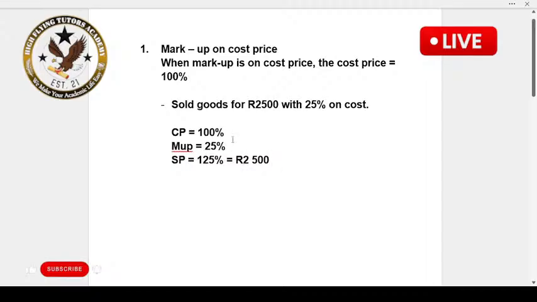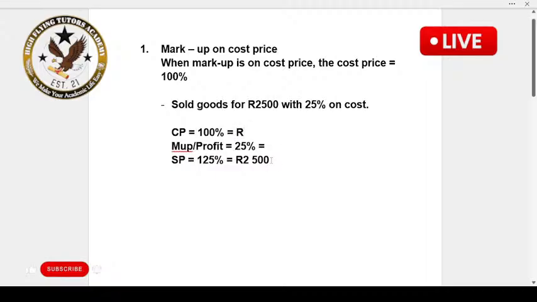So your responsibility in this example is to calculate the rand value of the markup or profit, because the markup is also known as the profit or the percentage of the profit. We need the profit in rand value, and we also need the rand value of the cost price.